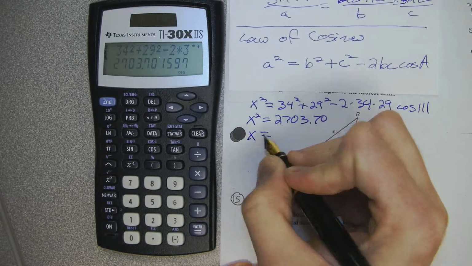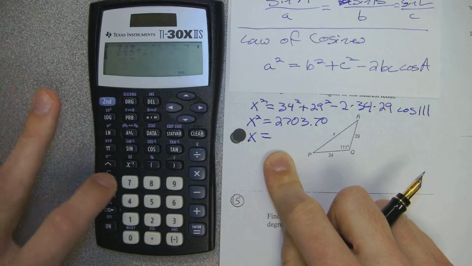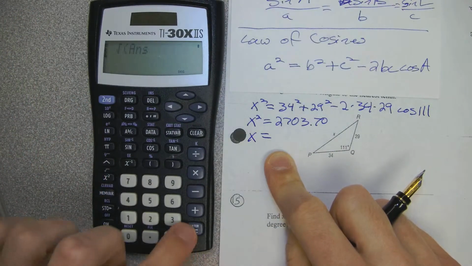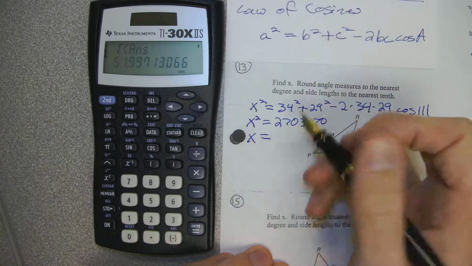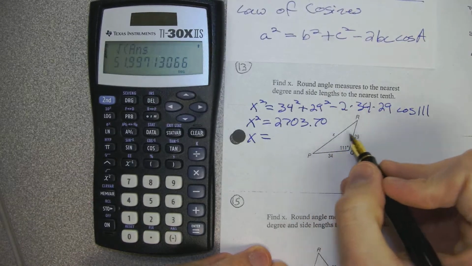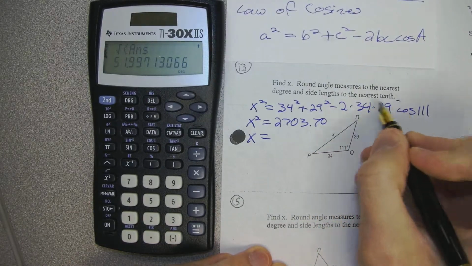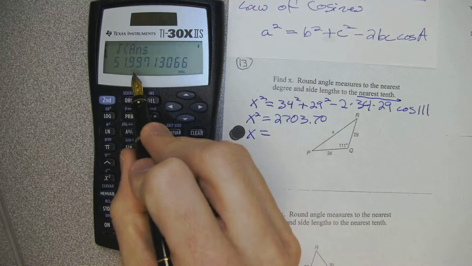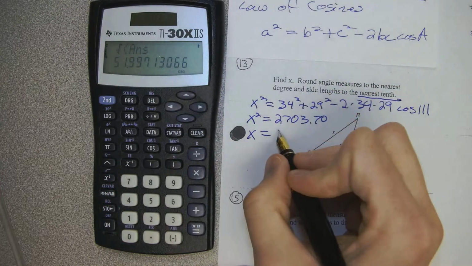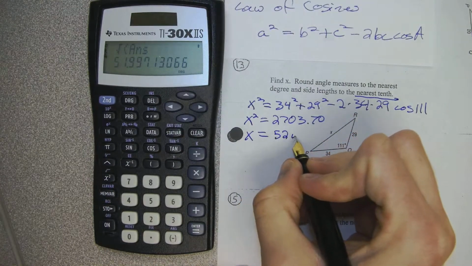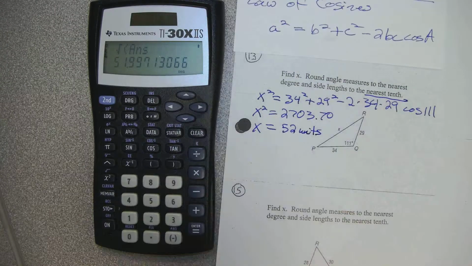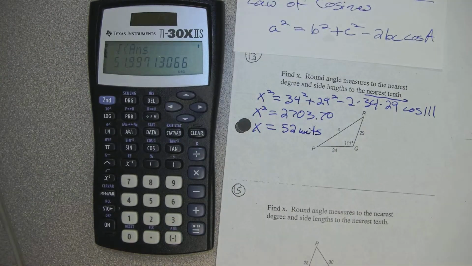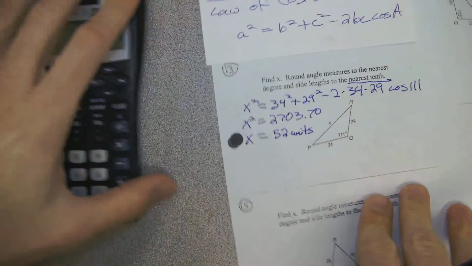And then we need to take our square root immediately. So second square root, second answer. And let's see what we get. Number 13. Rounding to the nearest tenth, since it's a side length. There we are. So it looks like we're going to be at 52 units.